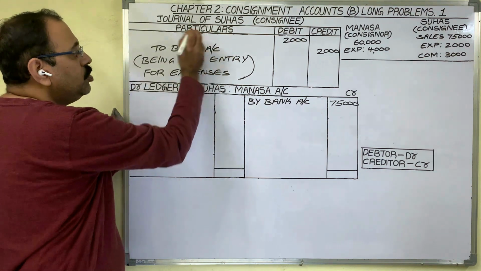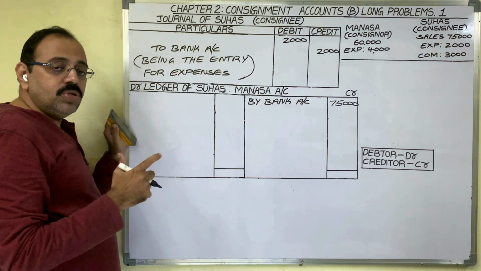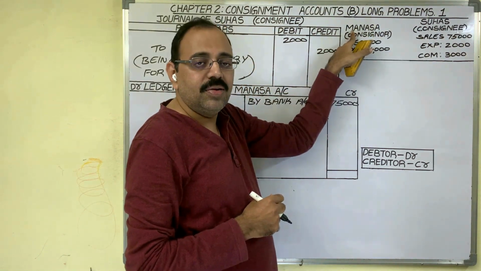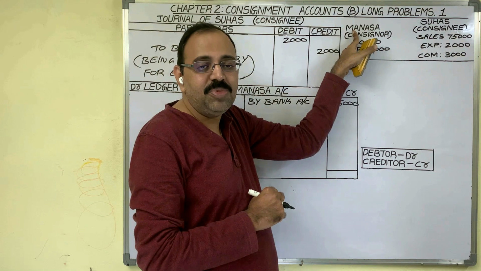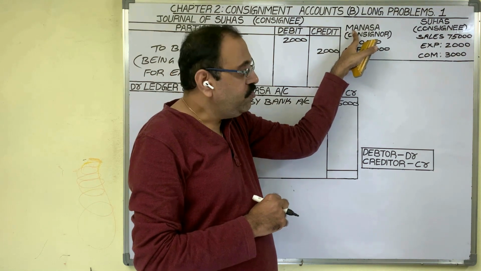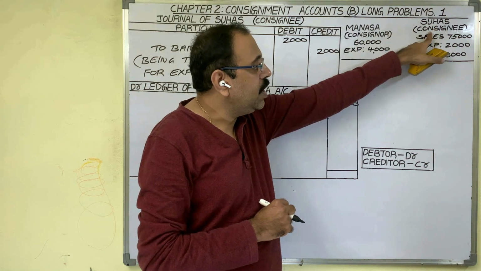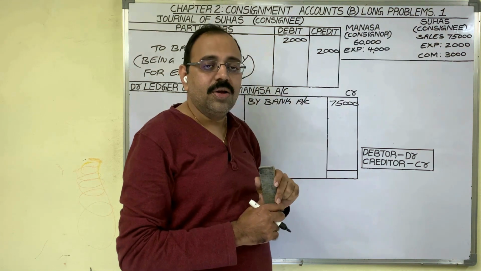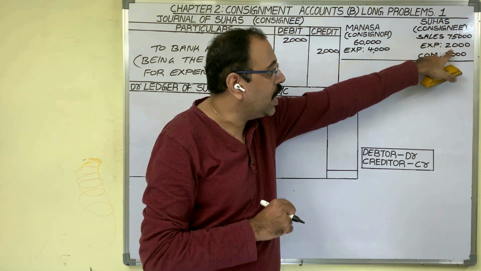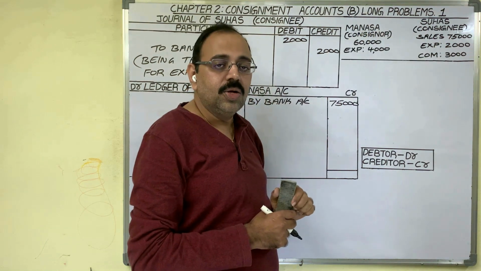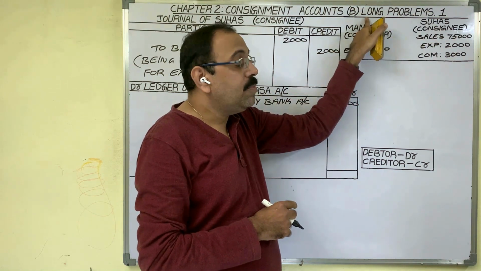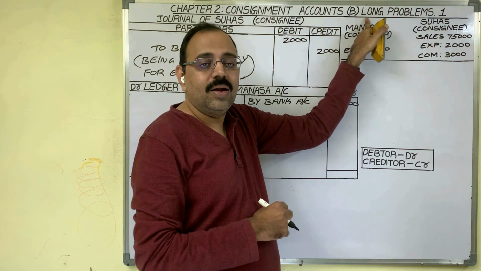And which account is to be debited? This 2,000 rupees finally who should bear? Consignor. Consignor goods we are selling as a mediator. So this is not our expenditure. In future, we should get that money from consignor. So 2,000 rupees in future we have to collect from Manasa. So to us, to Suhas, Manasa becomes a debtor.